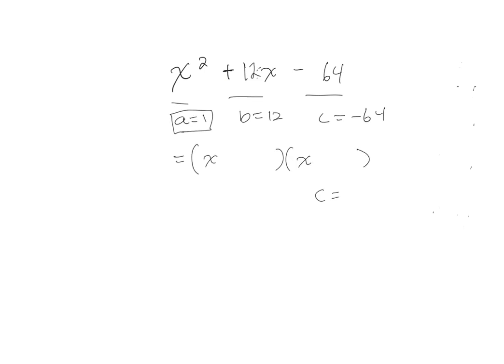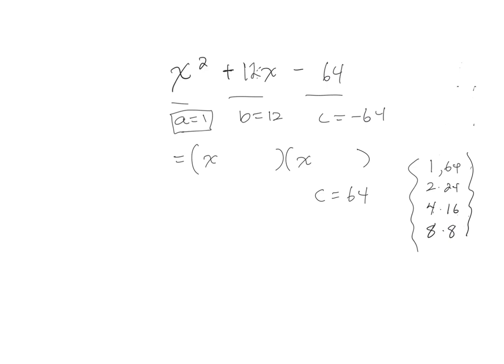I'm going to think about c as if it were positive and write down the factors: 1 and 64, 2 times 32, 4 times 16, 8 times 8.